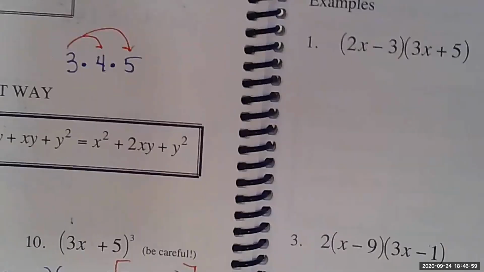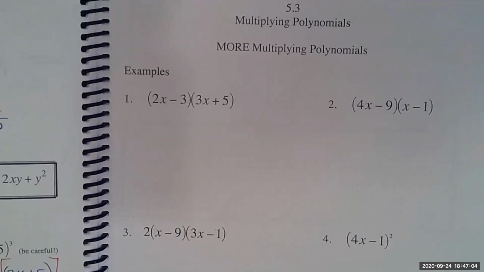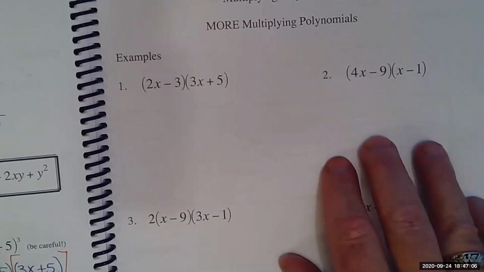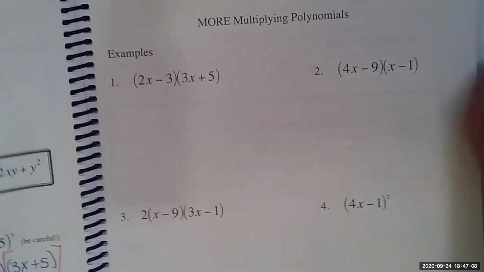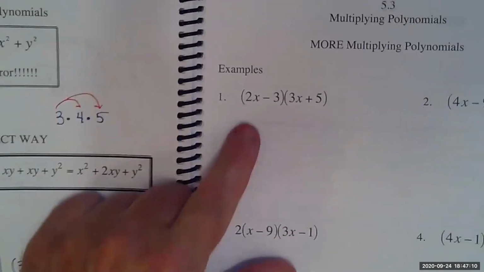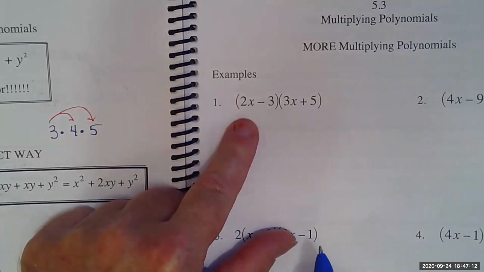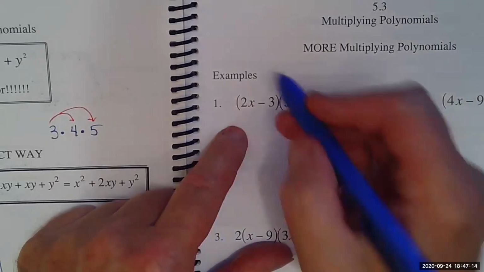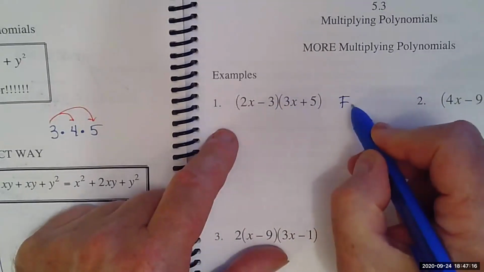So look at this. Jan may have done some of these problems. This is 5.3. This is your problem, and your answer was to FOIL.